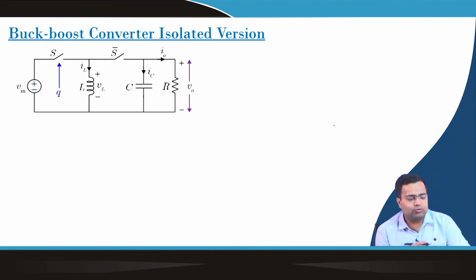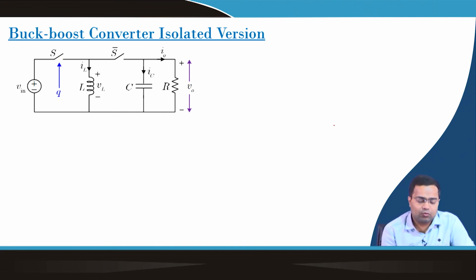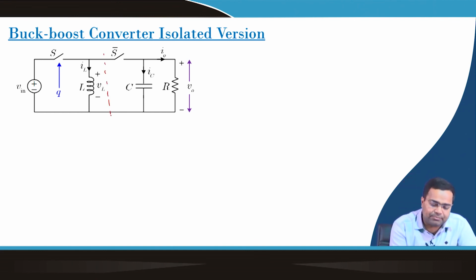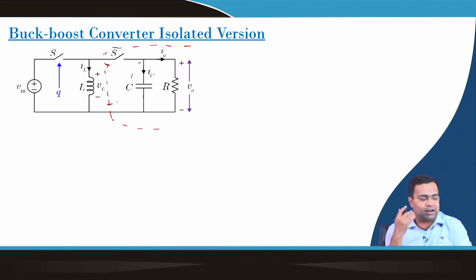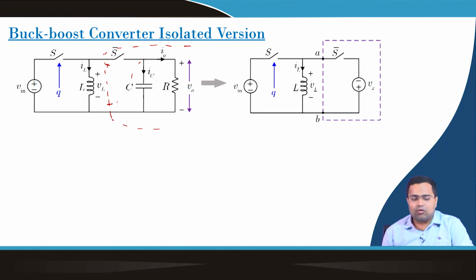Now, if we want to get the isolated version of the buck boost converter, we know that across this terminal a pulsating voltage appears. Although this voltage is fixed, it is a negative voltage, but across this terminal VL, the reflection of the right side will appear like a pulsating voltage, because it is the voltage across the inductor.